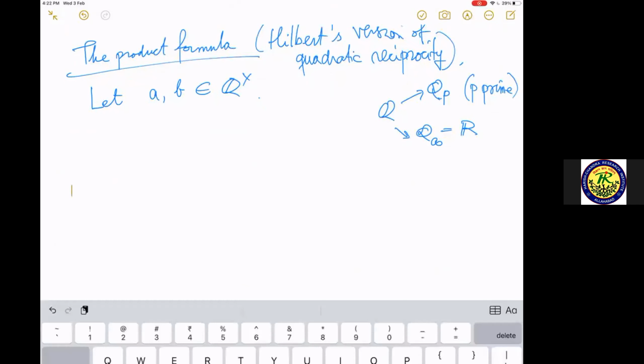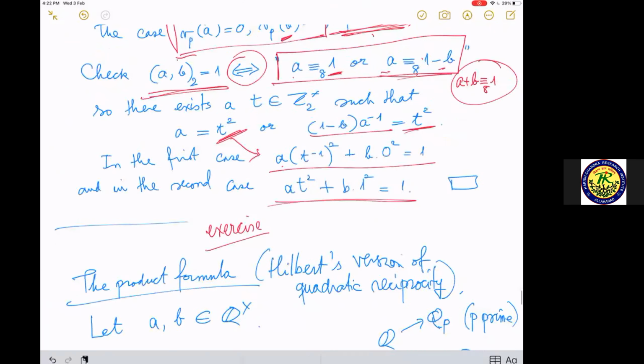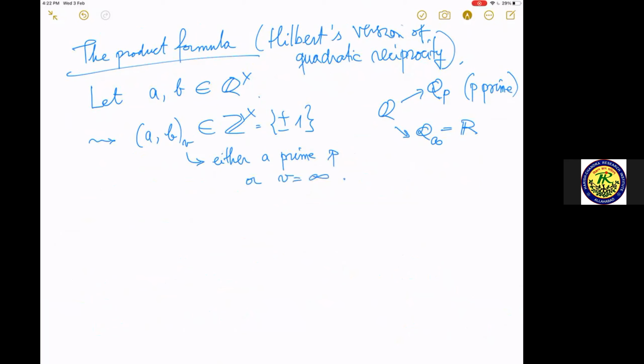I now have (A,B)_v in plus or minus 1, and this v is either a prime p, or v is equal to infinity.